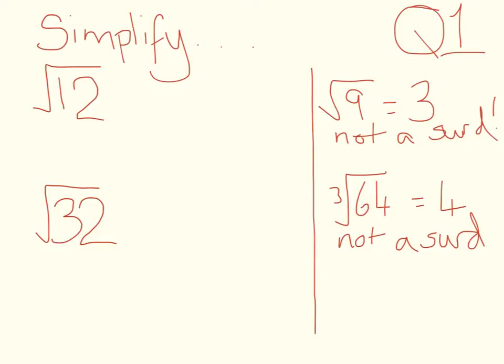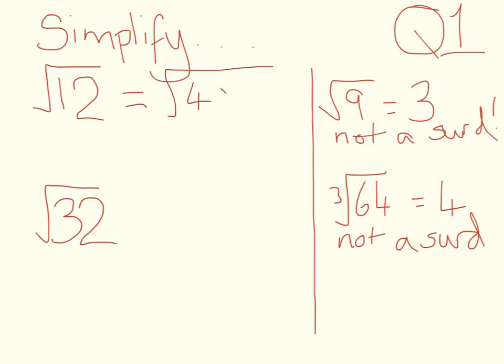Sometimes you're asked to simplify a surd. So looking at square root 12, what you need to do is come up with a pair of factors that multiply to make 12. But one of the factors needs to be a square number, and it needs to be the biggest square number that goes into 12. So obviously 1 goes into 12, but I want the biggest square number that goes into 12, and that's 4.